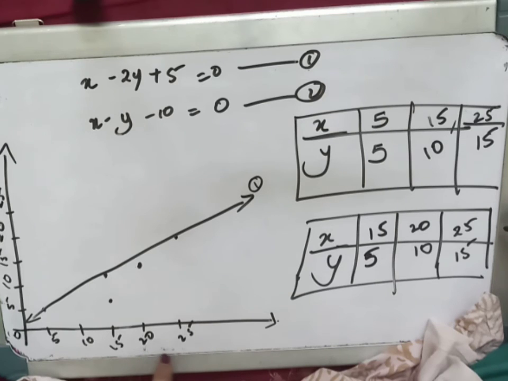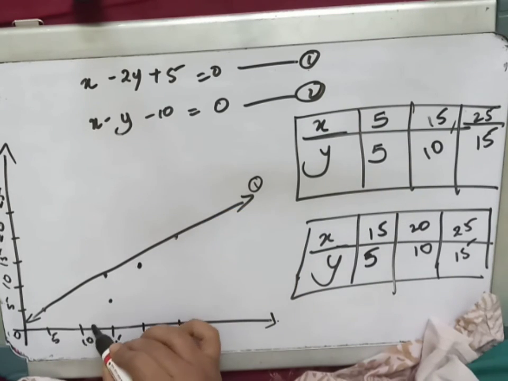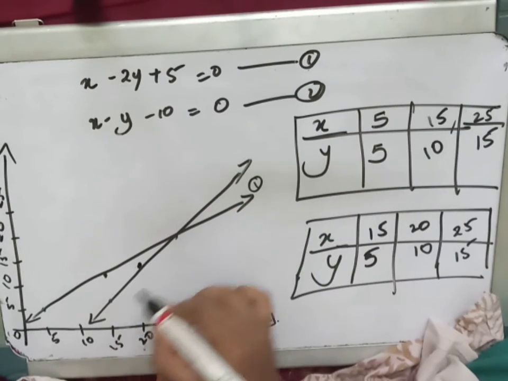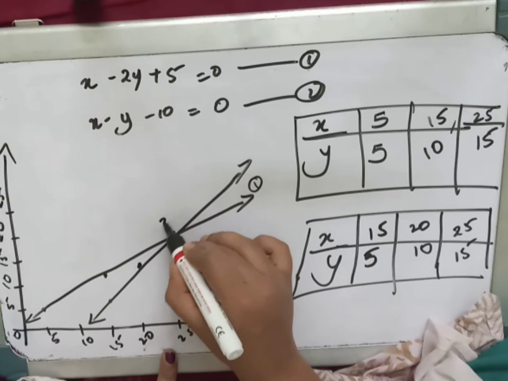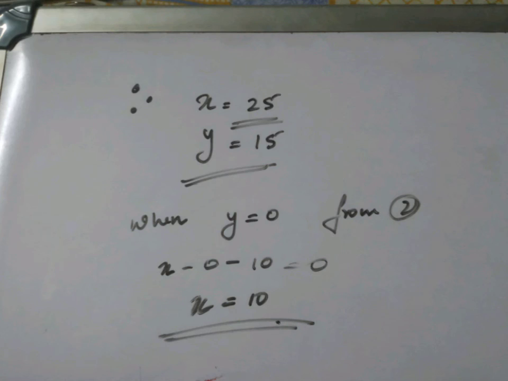When x is equal to 25, y is equal to 15, that will be the same point. So both the lines are intersecting at the point 25, 15. Therefore, from the graph, we will obtain the solutions of the equations as x is equal to 25 and y is equal to 15. That means the present age of Sagar is 25 and that of Tinu is 15.